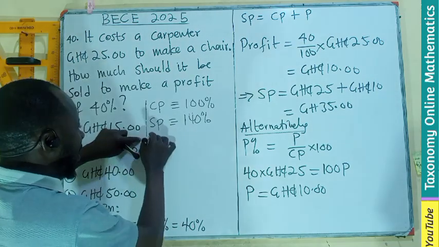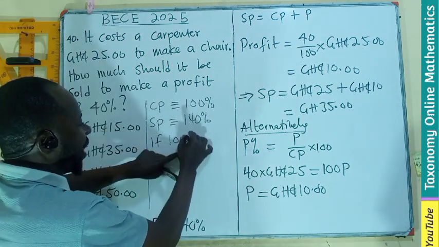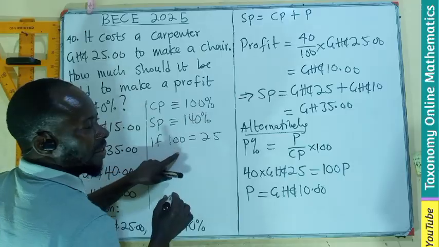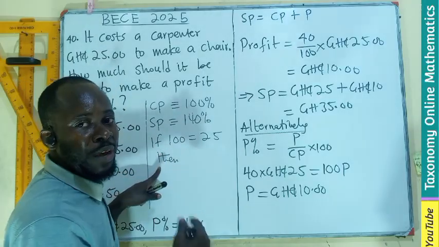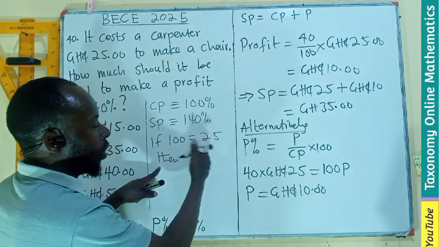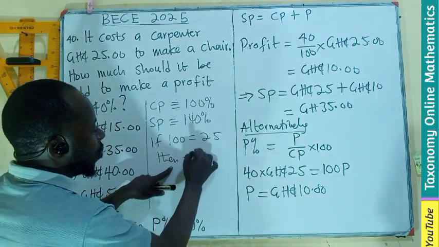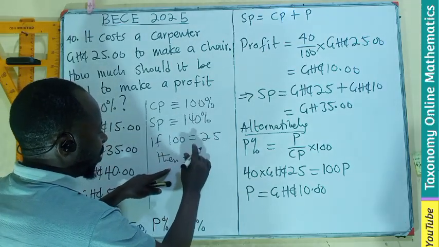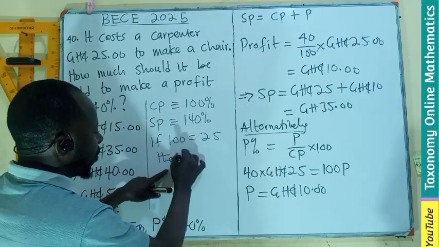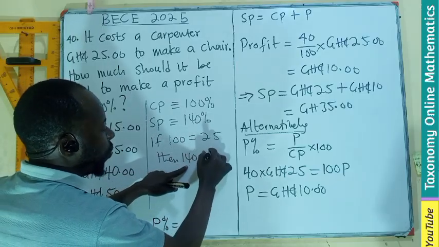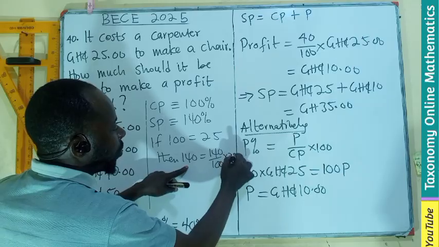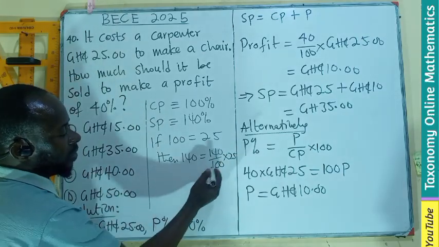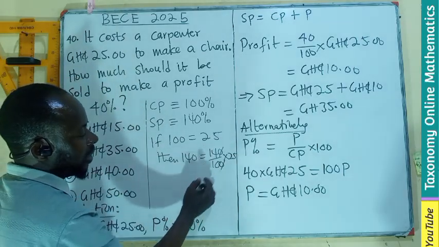So if 100 is giving me 25 Ghana cedis, then 140 should be giving me more than this. So 140 will give you 140 over 100 times 25.